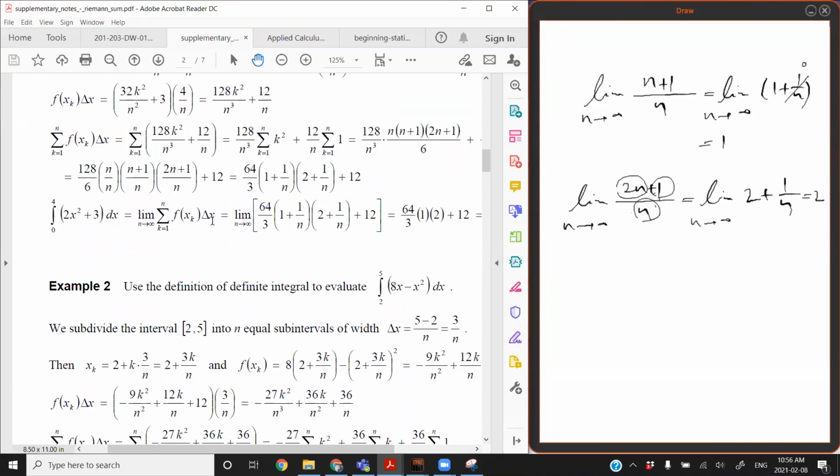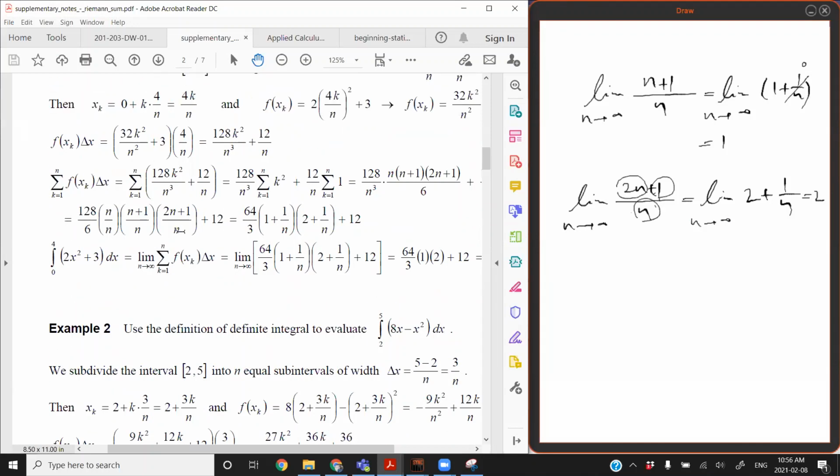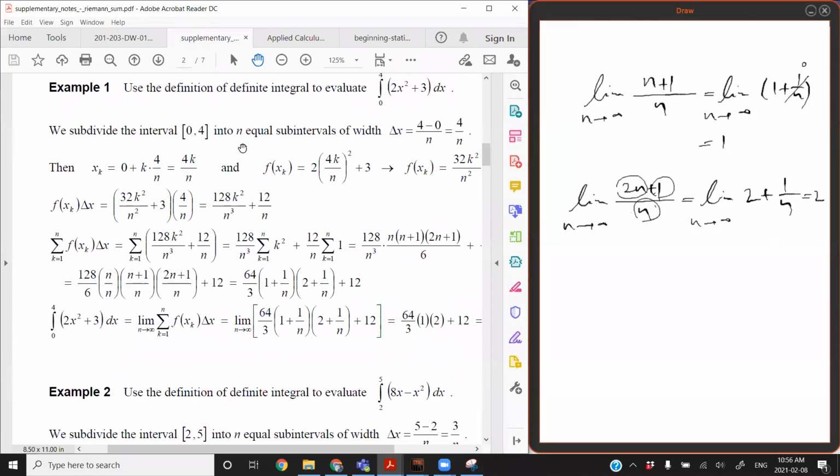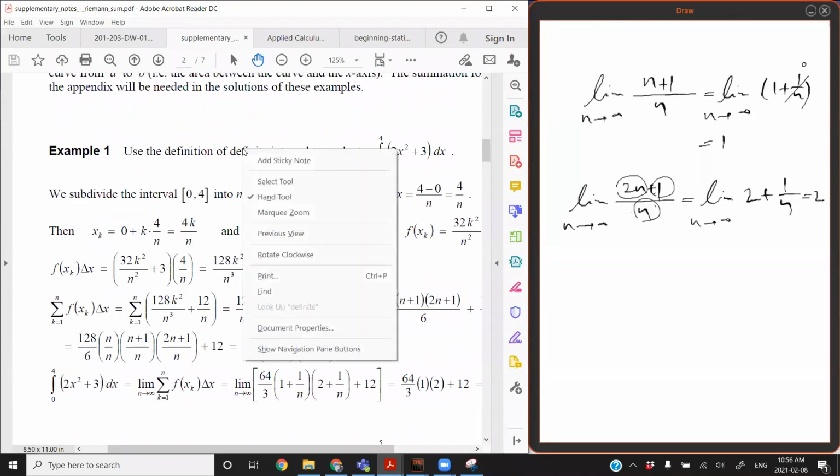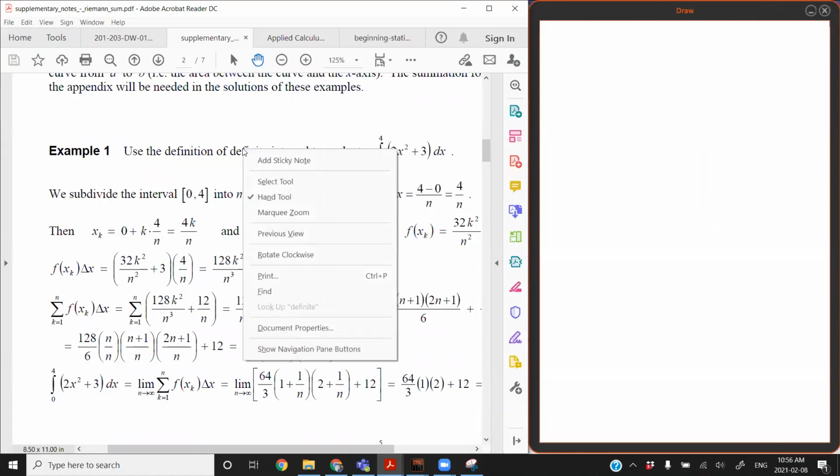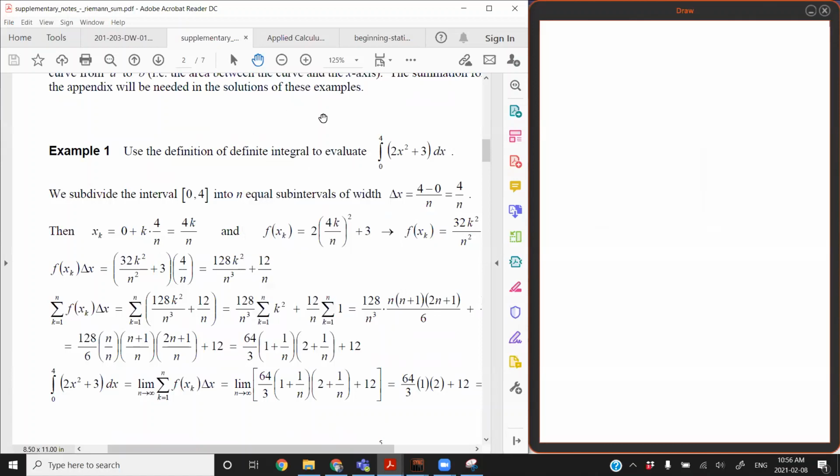Let's do another one similar to this before going to example 2. So imagine I'm trying to figure out the integral from 0 to 5 of 3x squared plus 1 dx.